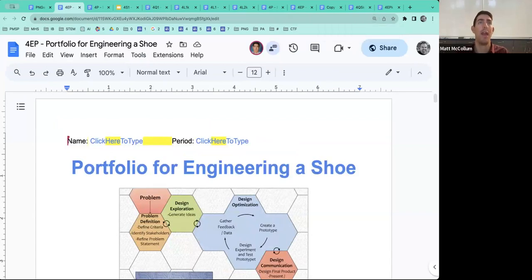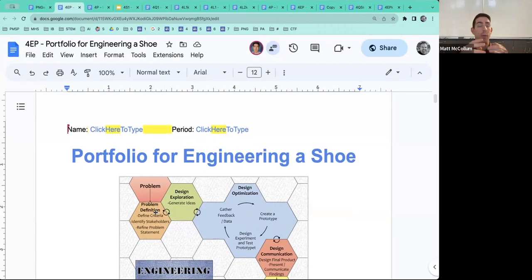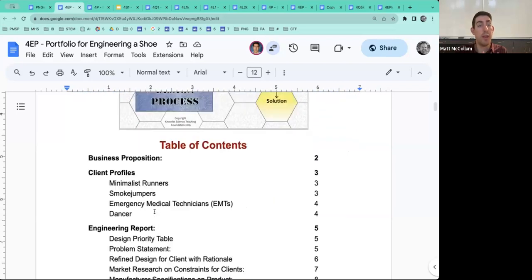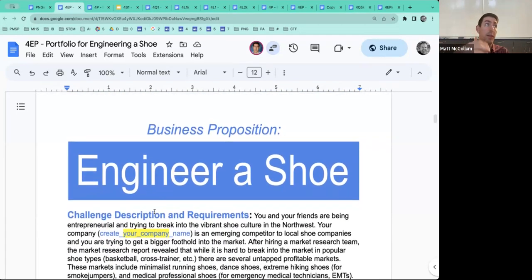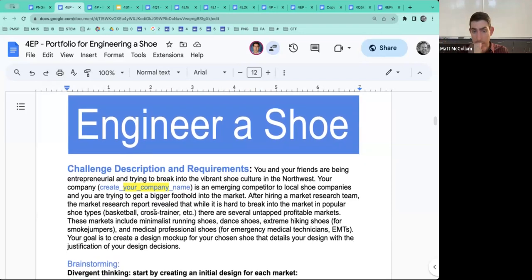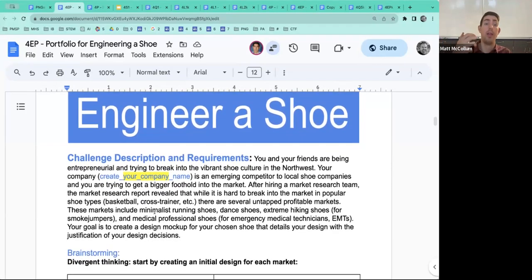And on this, they have what we call a business proposition. You've probably seen this before in other units with their proposal. And the storyline here is that they're trying to be a breakthrough shoe company.